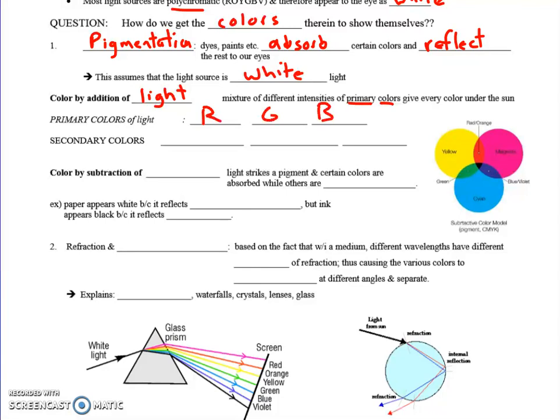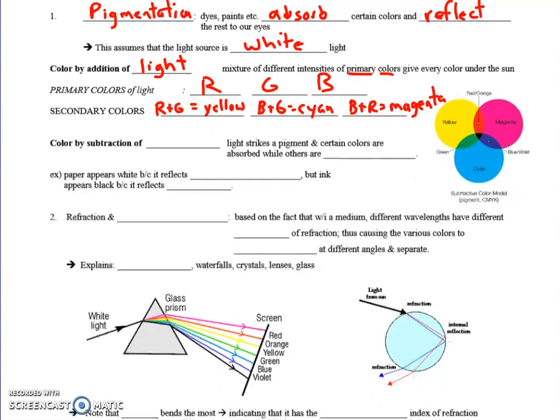And then when you mix red, green, and blue in equal intensities, red plus green equals yellow. Right? We can mix blue plus green equals cyan, and we can do blue plus red, and that equals magenta. So those are combinations worth understanding. Okay, so I'm not going to say anything more about that.